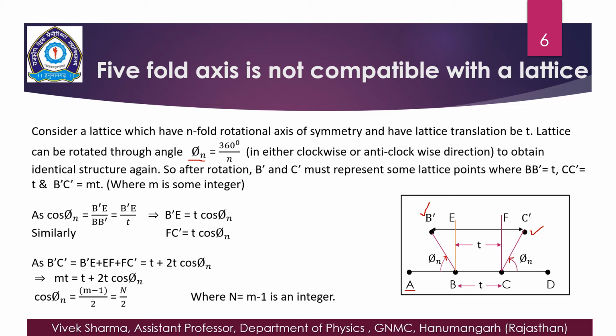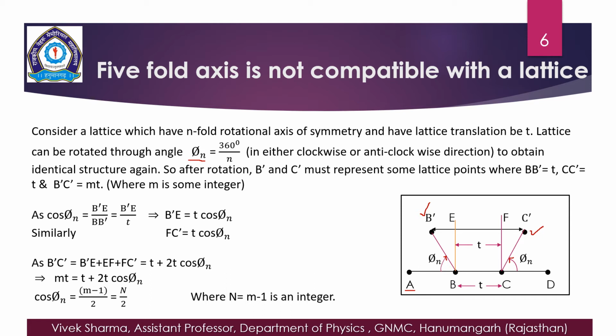It is a must that B dash C dash should have some lattice point, so that after rotating phi n angle, the identical structure can be obtained. So it's clear that B dash and C dash are some lattice points if phi n is the angle of rotation to obtain identical structure.